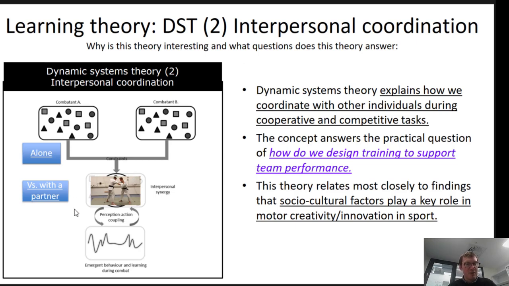And so when these two people come together under constraints, instead of thinking about this system as made up of two different independent components, we think of it as a single system with interacting components.